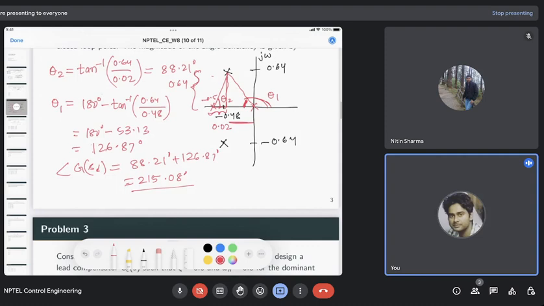We need the contribution by this controller plus this plant to be minus 180 degree.